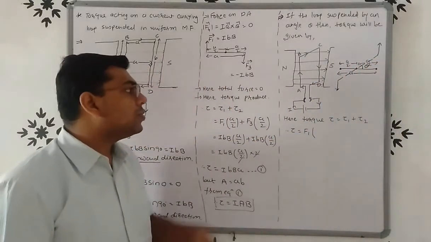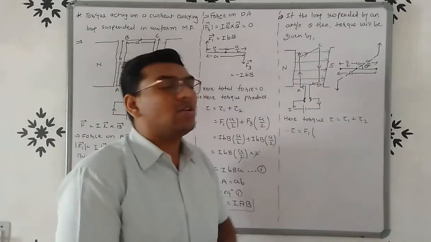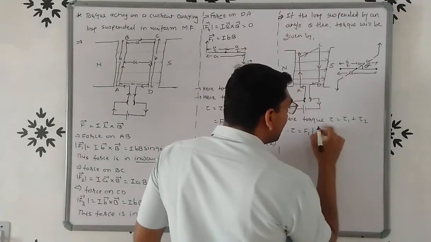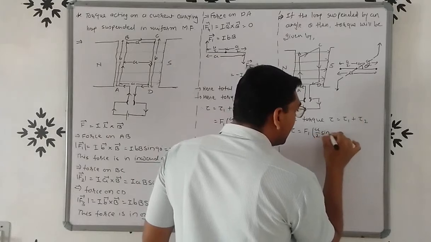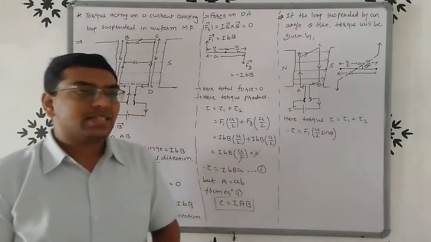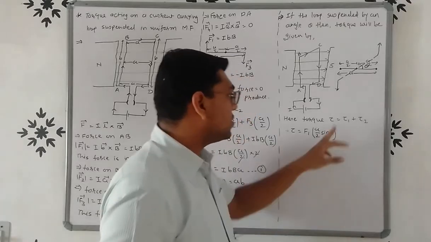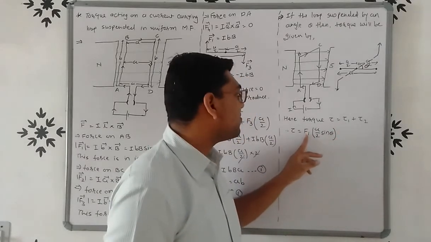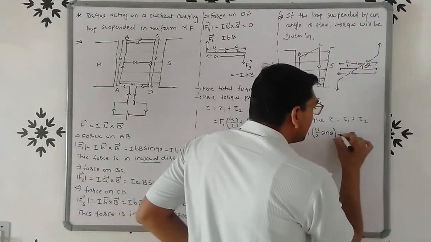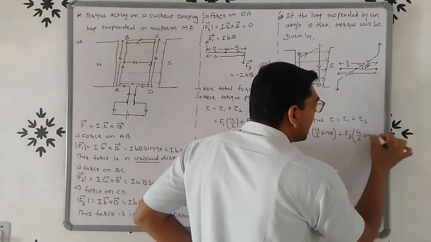Here we have to consider the perpendicular distance, because the loop is suspended by an angle theta. So the perpendicular distance will be a by 2 sin theta, as we already discussed in the theory of dipole. Torque is force into perpendicular distance, so tau 1 is F1 into a by 2 sin theta, plus tau 2 is due to force F3 and the perpendicular distance a by 2 sin theta.